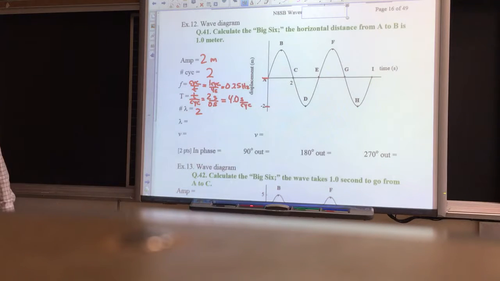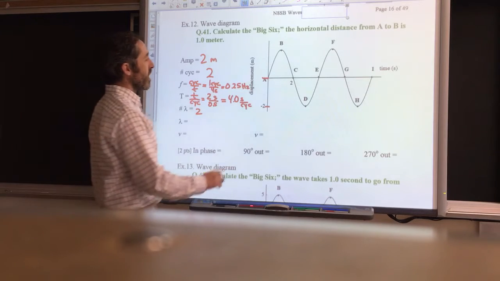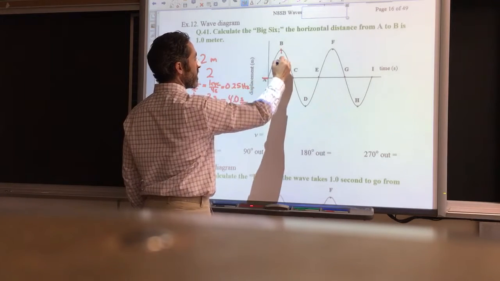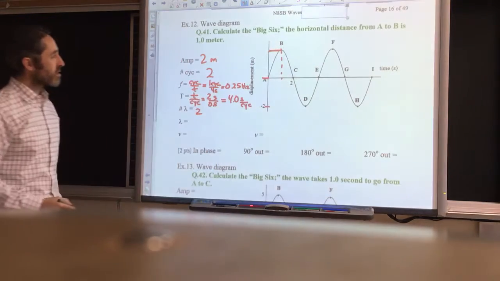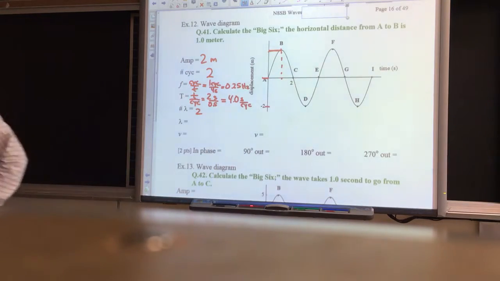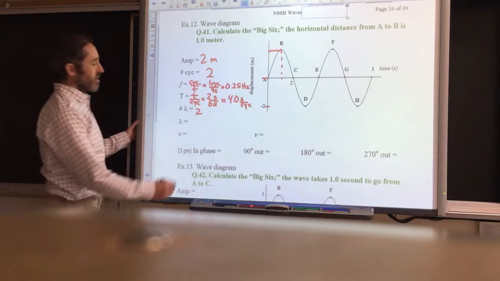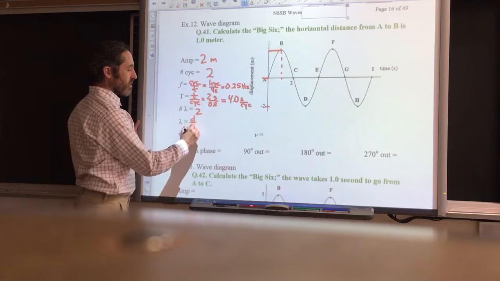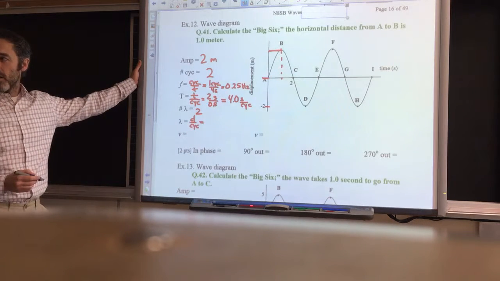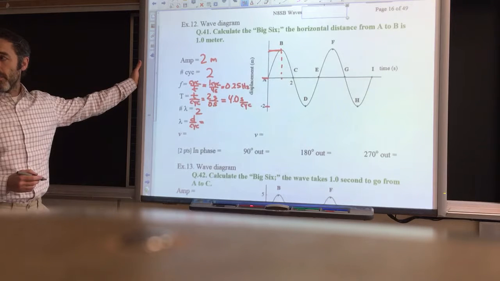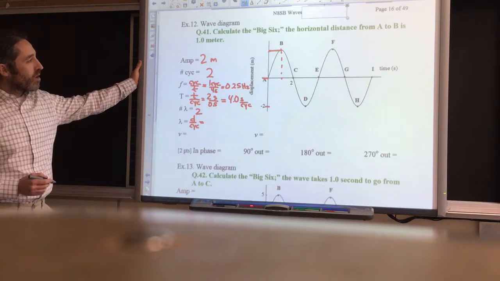Wavelength itself. Well, I told you something here. The horizontal distance from A to B. That means this horizontal distance is 1 meter. So you need your 3-word definition for wavelength. So what is it? Okay, so what do you actually use as your fraction? 4 over 1.